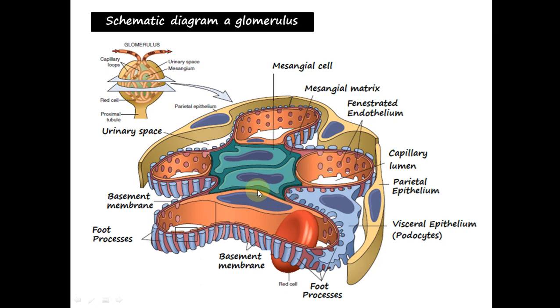The visceral epithelium lies on the outer side, with the basement membrane in between the endothelium and the visceral epithelium, and the visceral epithelial cells known as the podocytes have their foot processes, and these foot processes interdigitate with each other, and in between the interdigitations there are filtration slits. The outer portion of the epithelium forms the parietal epithelium, which lines the inner lining of the Bowman's capsule.